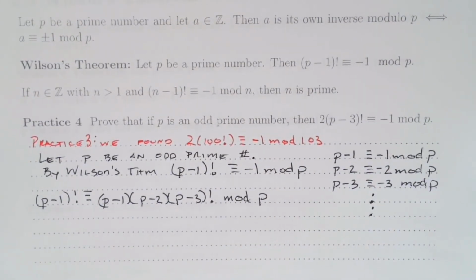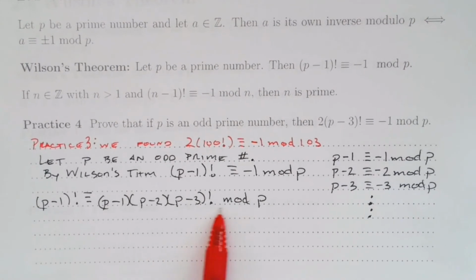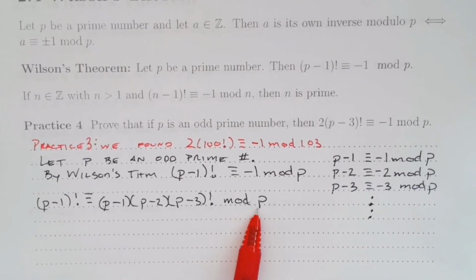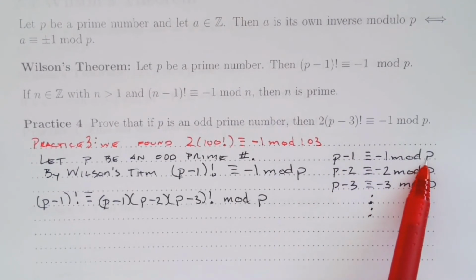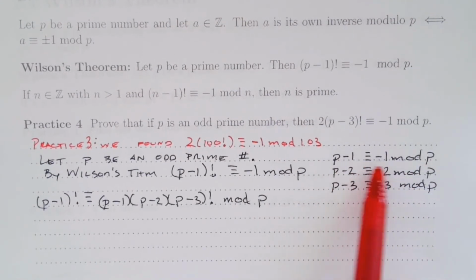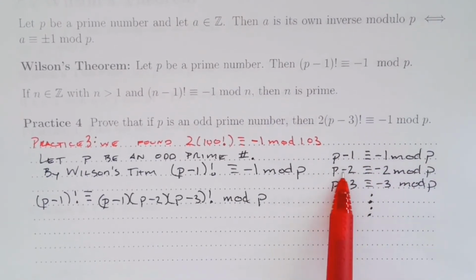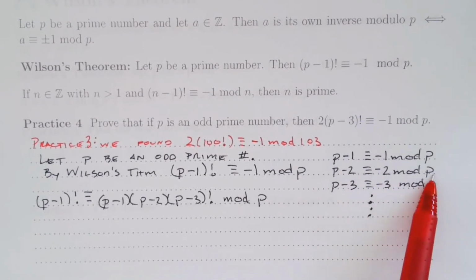Because we're working with this modular arithmetic, we have previously discussed that p minus 1 is equivalent to negative 1 mod p, and p minus 2 is equivalent to negative 2 mod p.